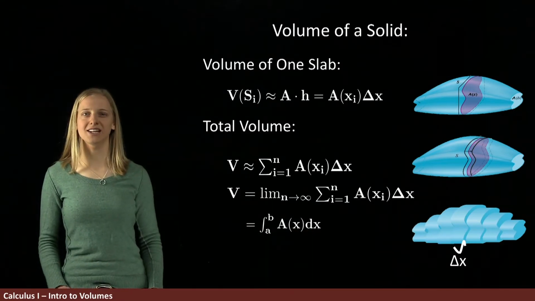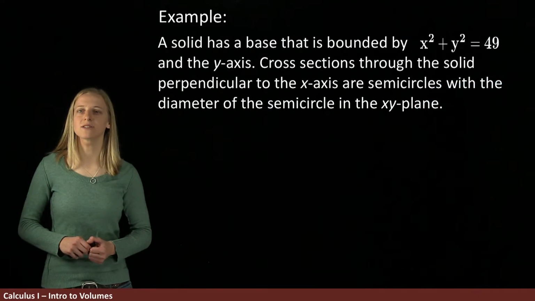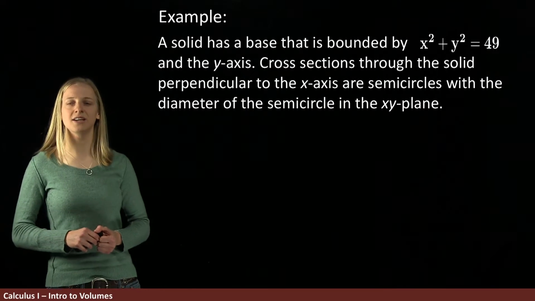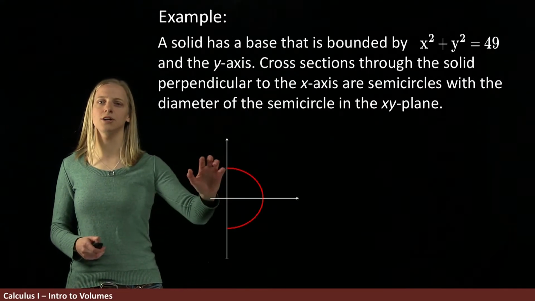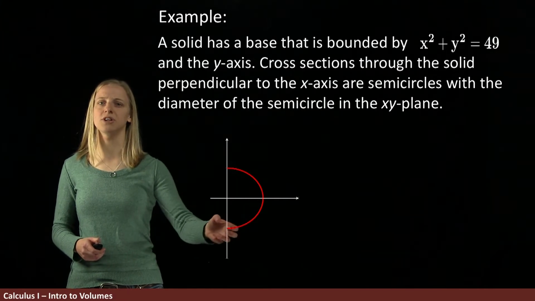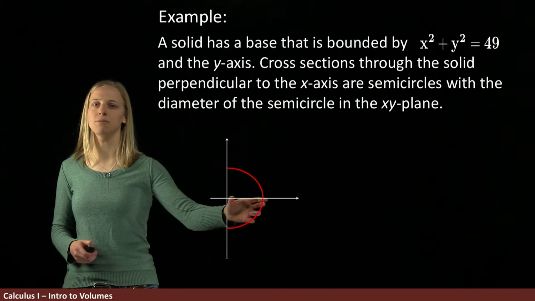Let's take a look at an example. A solid has a base that is bounded by the curve x squared plus y squared equals 49 and the y-axis. Here we have a curve; x squared plus y squared equals 49 is a semicircle with a radius of 7.